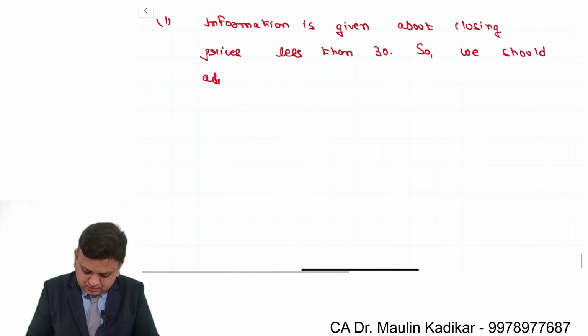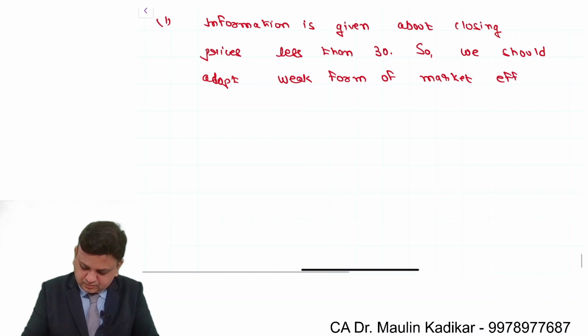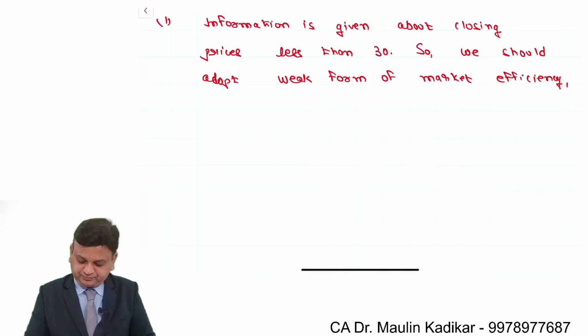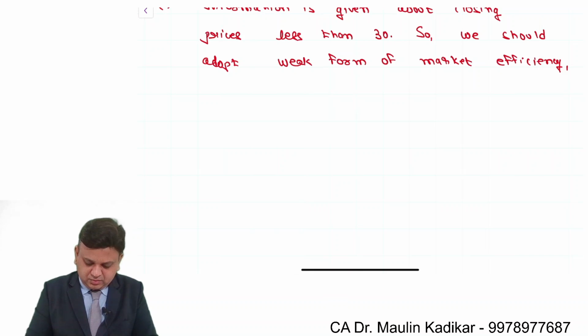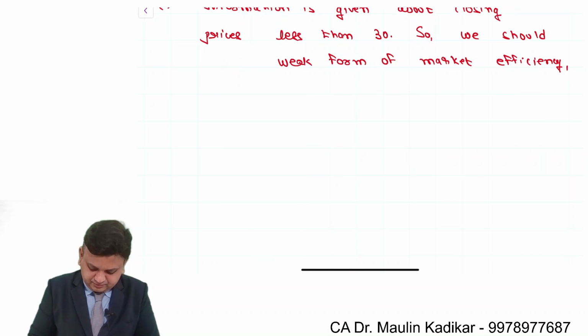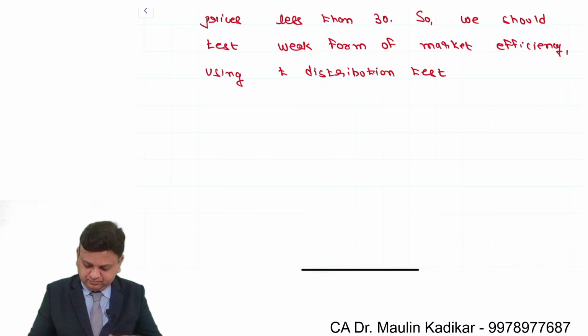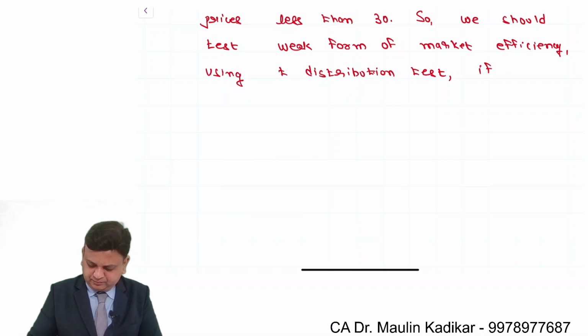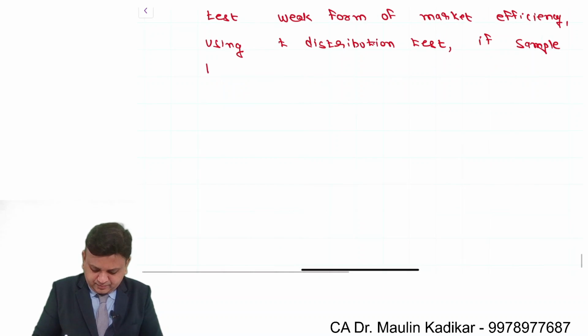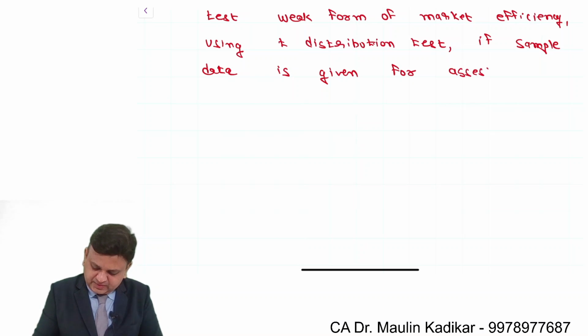So we should adopt weak form of market efficiency, comma, we should test weak form of market efficiency using T distribution test, comma, if sample data is given for assessment.